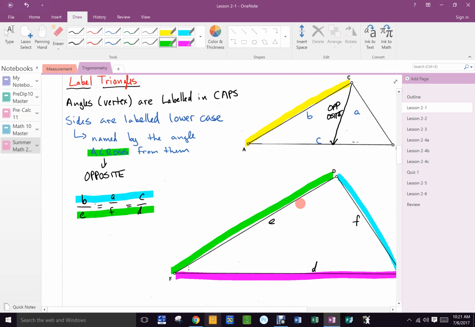How it works is this. If I tell you that B is 7, and I tell you that E is 12, and I tell you that C is 14, you should now be able to tell me what D is.